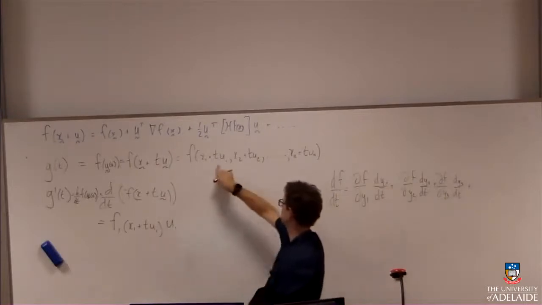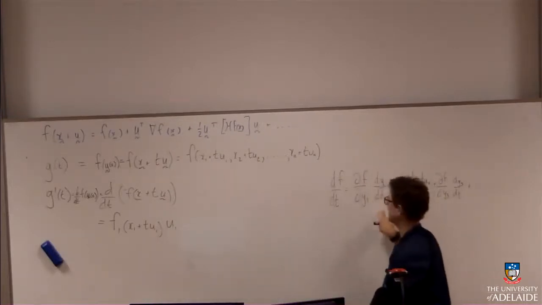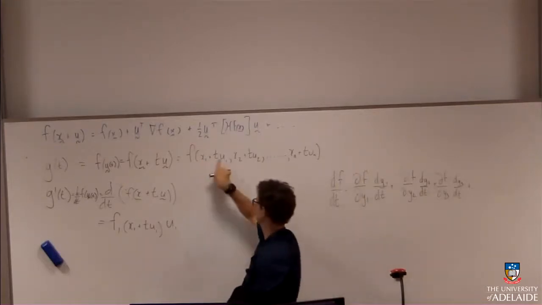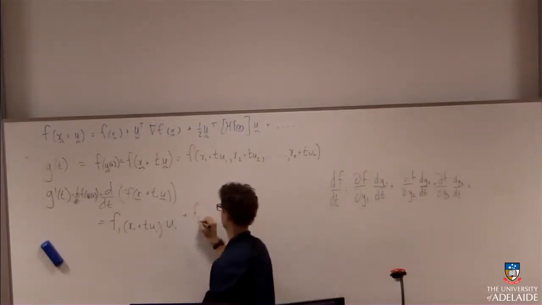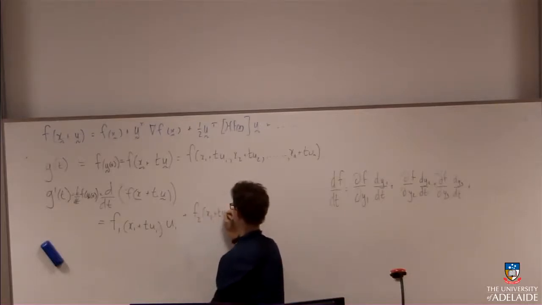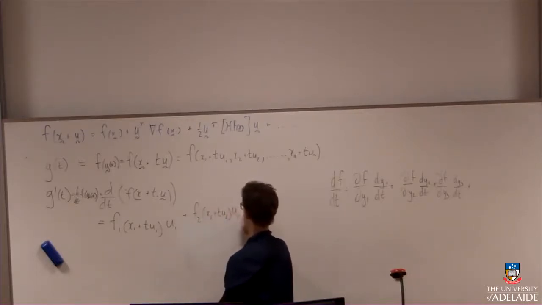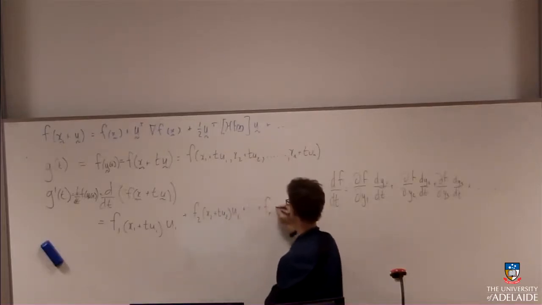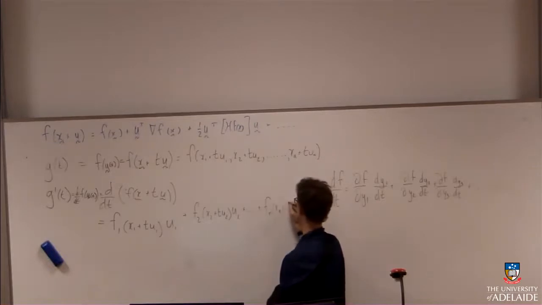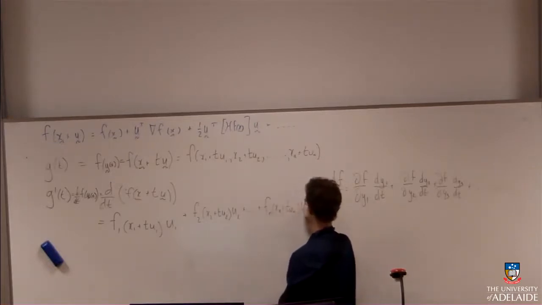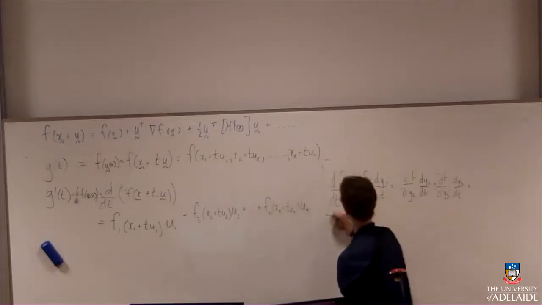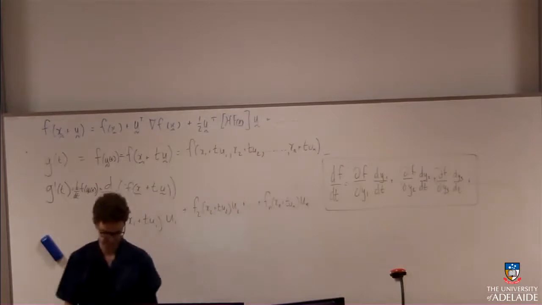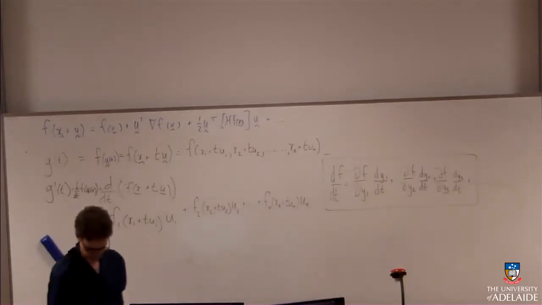And then the u1 comes about from differentiating this first component, x1 plus t u1, with respect to t. I'm getting a u1. If I do that, I'll keep getting this same pattern all the way up to the nth term, xn plus t un, as we differentiate along and along.